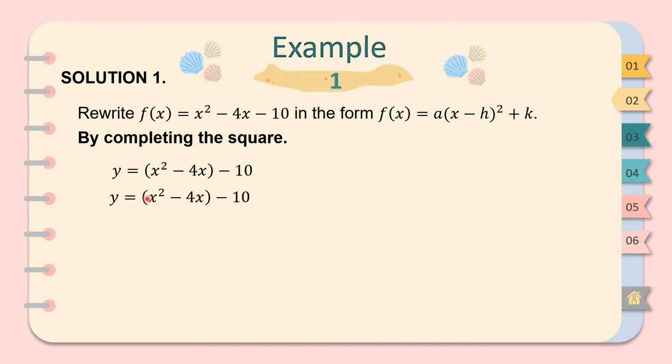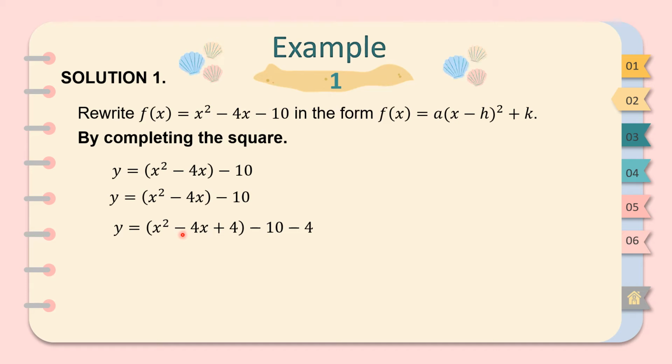So, since ang a po natin dito is 1, y is equal to quantity x squared minus 4x minus 10. And then next, we need to complete the expression in the parentheses to make it a perfect square trinomial by adding a constant.